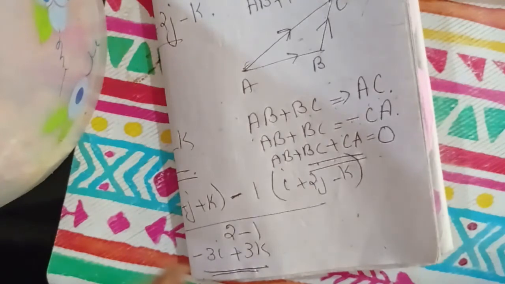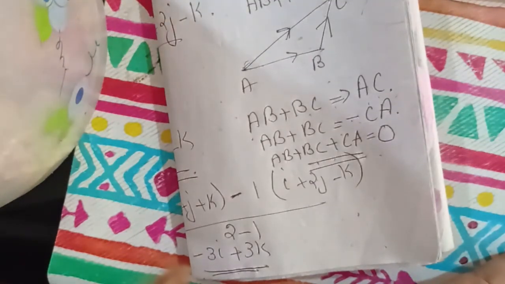This is the first section. Next is prove the points are the vertices of a right-angled triangle, and like that. Write that question also.